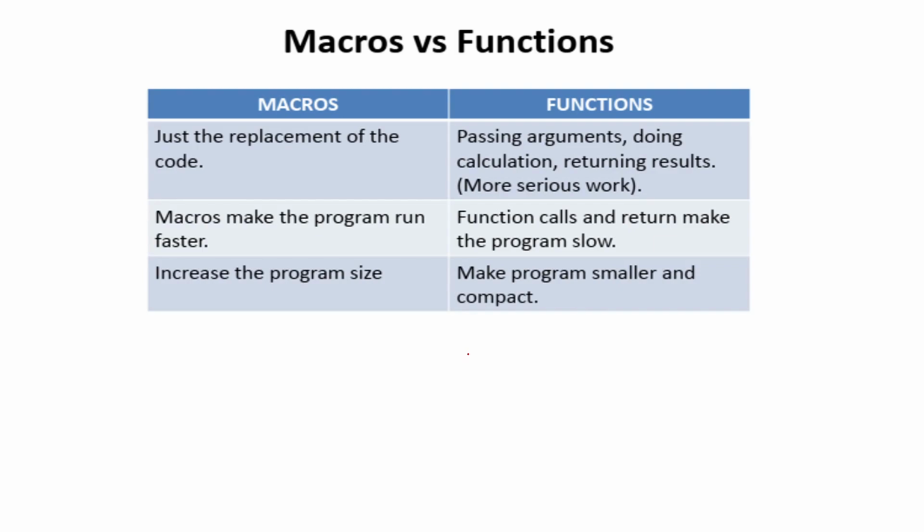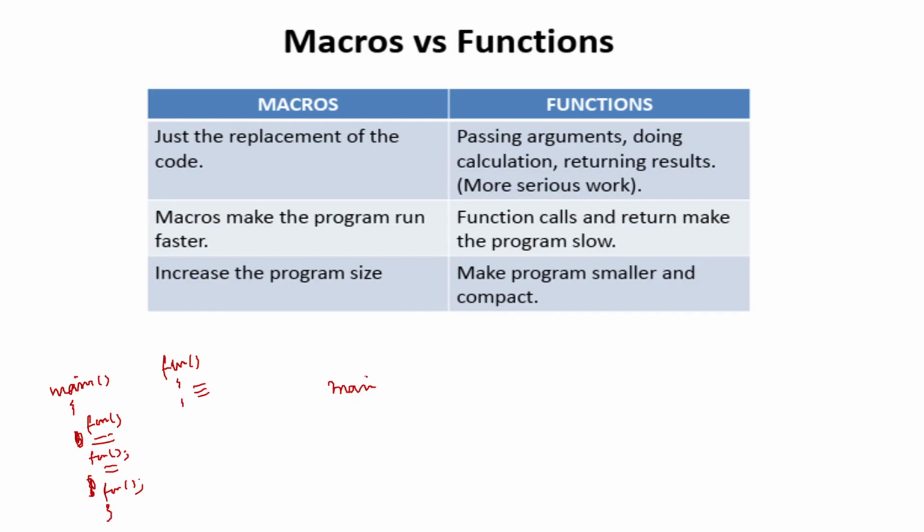Now naturally, suppose you are using a function. You have written main and another function fun. Some lines are there. Now what have you done? You have called this function fun many times, maybe again here, three times. So what will happen?